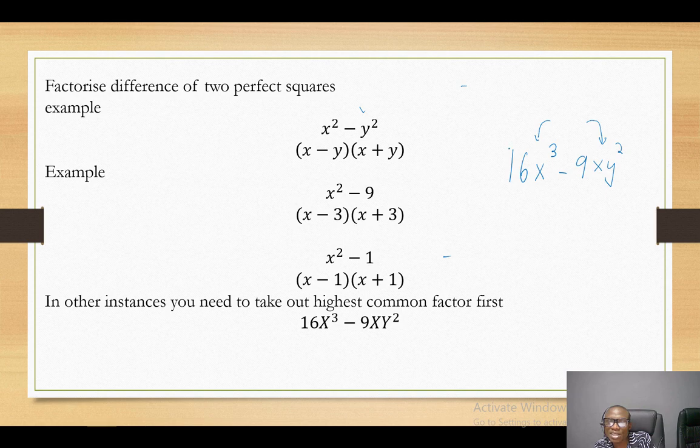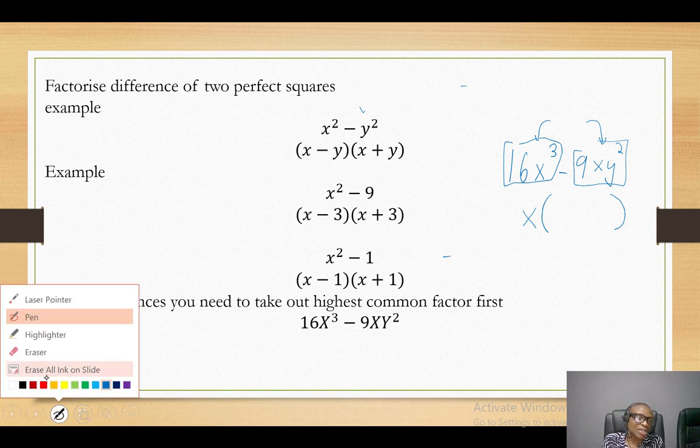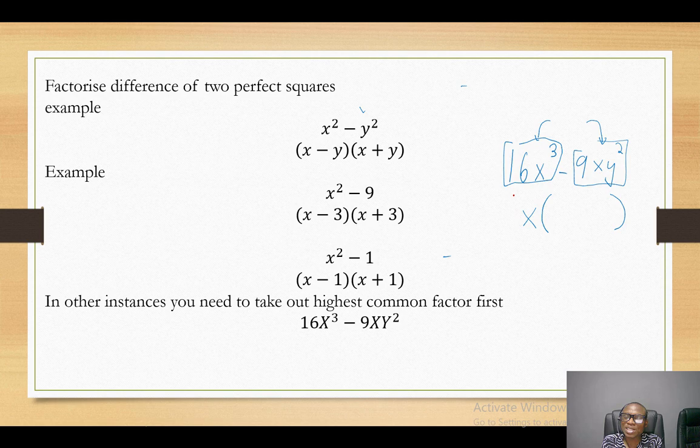This 16x cubed has got x. This 9xy squared has got x. So you're going to write the common factor outside. Then you ask yourself, what do I put inside? You are factorizing by taking out the common factor. And do you still remember how to figure out the inside? I said you take this first term, you divide it by the highest common factor, you divide by x.